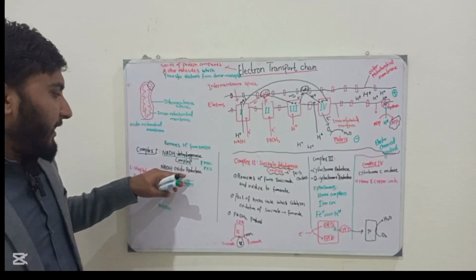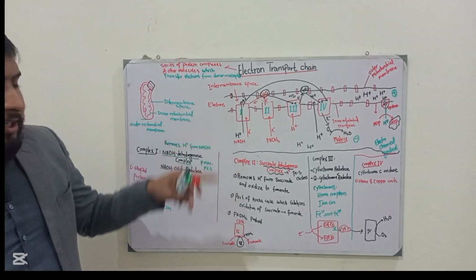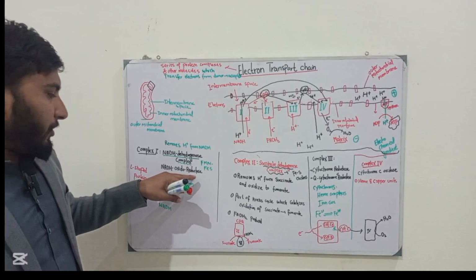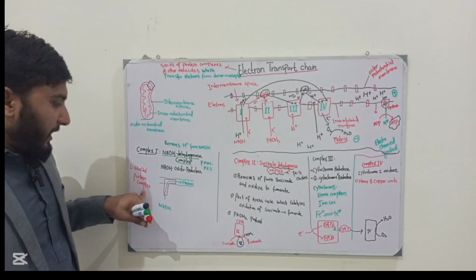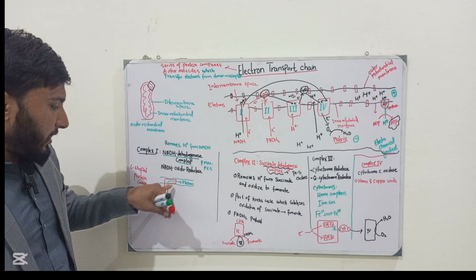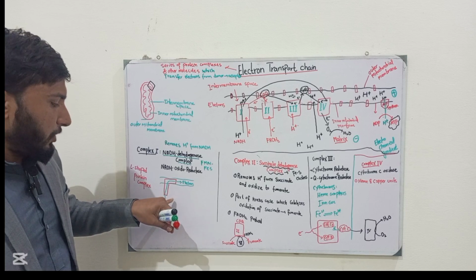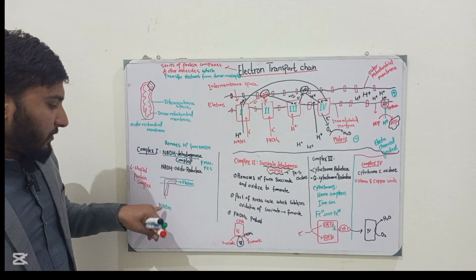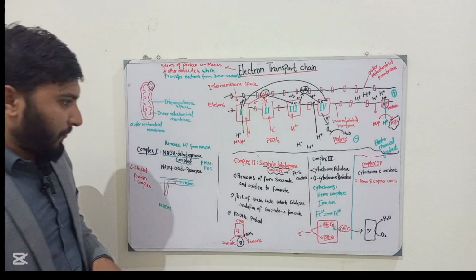It is also called NADH oxidoreductase. As we have discussed, dehydrogenation is the best example of an oxidoreductase reaction. Complex 1 is an L-shaped protein complex. It is present in the intermembrane space and the matrix of the mitochondria. The main function of complex 1 is to transfer electrons from NADH to the electron transport chain.